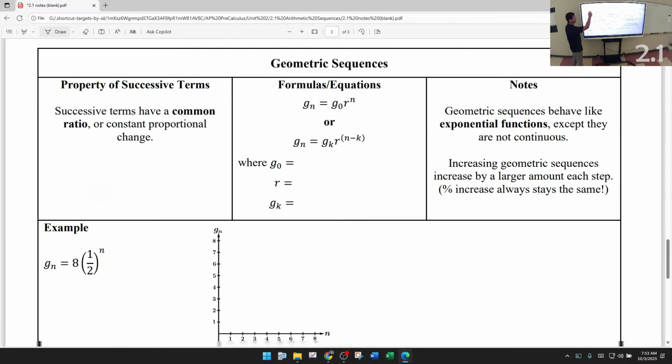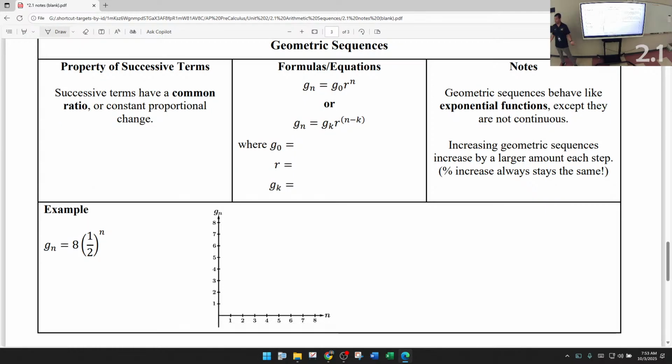Geometric. Work very, very similar, except geometric do not go in a linear fashion. They will go in an exponential. So that's kind of why we're doing this. We're kind of introducing you to exponentials here. So we have to be able to recognize the difference between a linear and an exponential, okay?